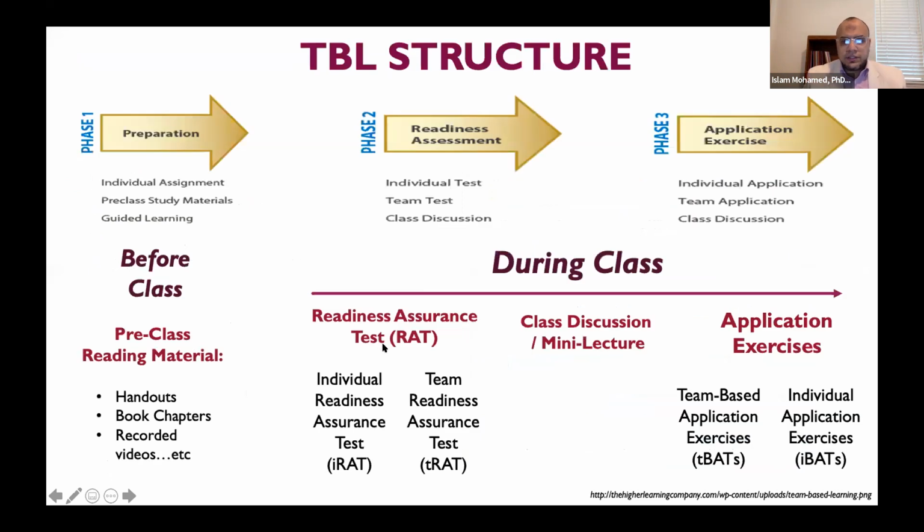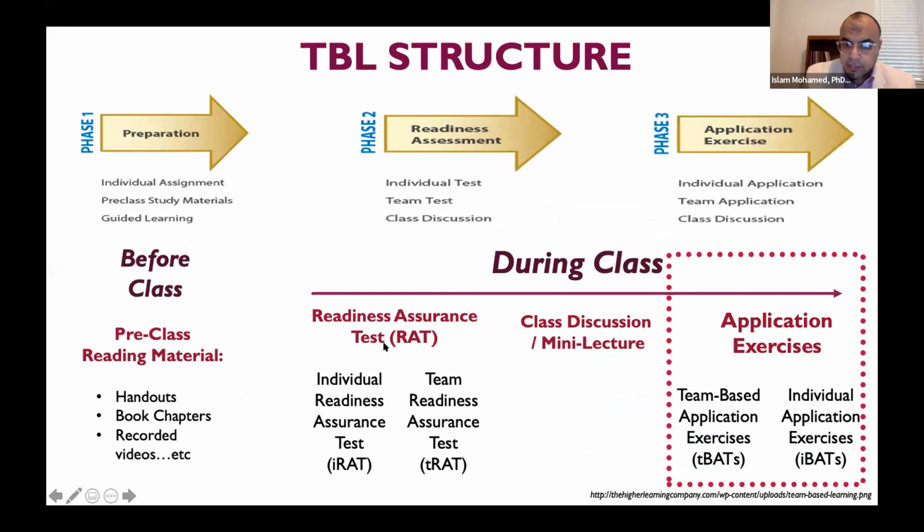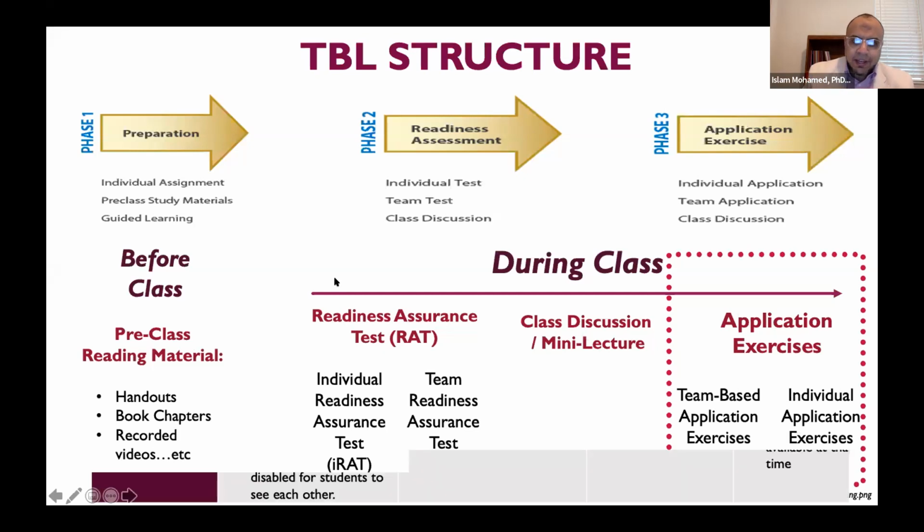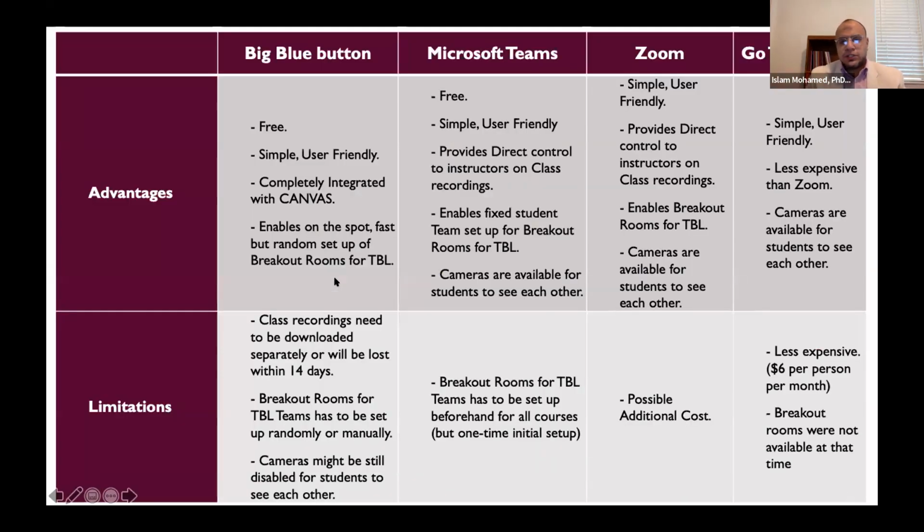And then we started thinking again, what can we do for the actual during-class time? How can we move these tables that you saw for team discussions virtually online? This is where our task force got together and we did a very rough analysis of the different online platforms available up to this day.